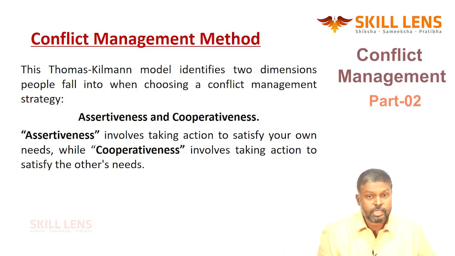Now, one of the strongest names that we can connect with conflict management is Thomas Kilmann. It's two people, Kenneth Thomas and Ralph Kilmann, who came up with this fantastic model for choosing a conflict management strategy. They identified two dimensions people fall into when choosing a strategy.